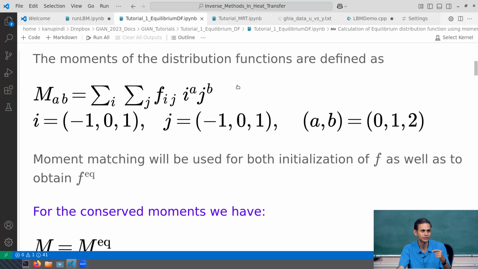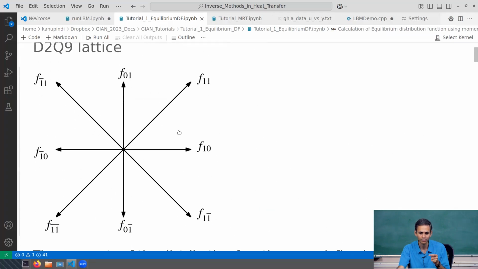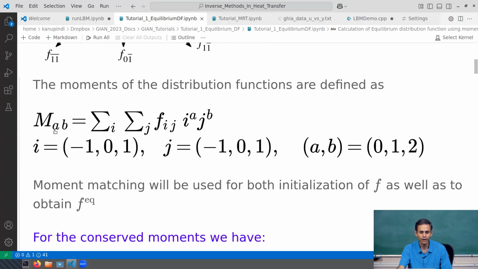This is how your moments were defined, where i could be one of three values: minus 1, 0 or 1, and j could again be minus 1, 0 or 1. That is going to give you all possible combinations of ij, and for your moments M_AB, these indices A and B can go from 0, 1, 2. For example, A could attain values of 0 or 1 or 2, if it is a zeroth moment, first moment or second moment and so on. Okay, so we have this moment generating function from the distribution functions.